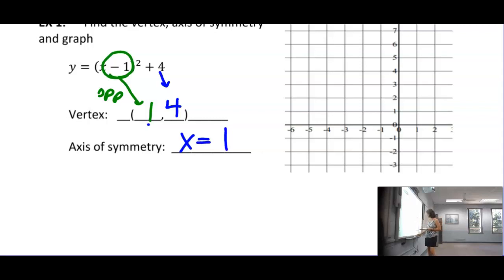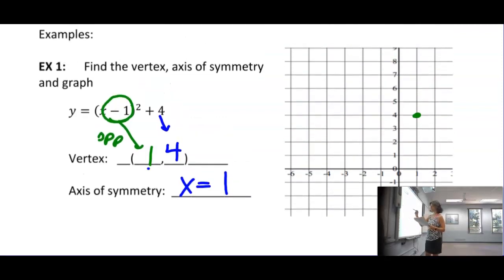Okay, so now let's graph that. Over 1, up 4. Not the best graph for this, but it'll be all right. Over 1, up 4. So now from there, I'm going to go over 1 to the right, up 1, over 1 to the right, up 3. 1, 2, 3.